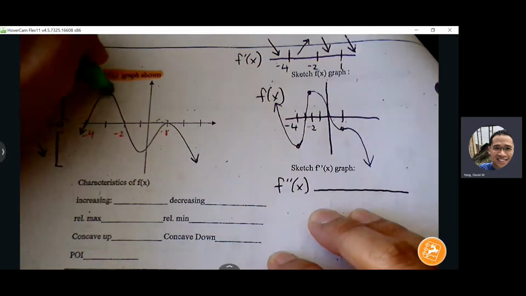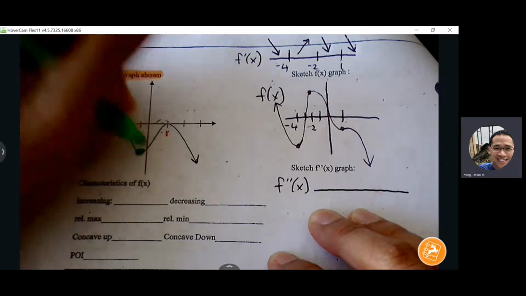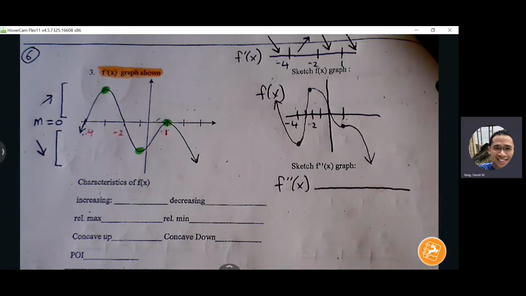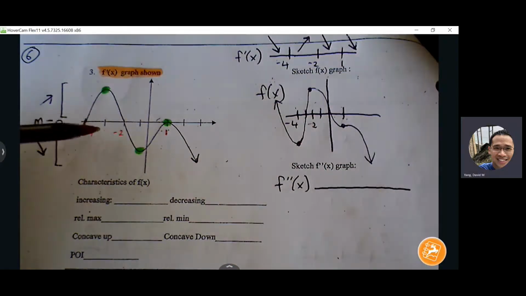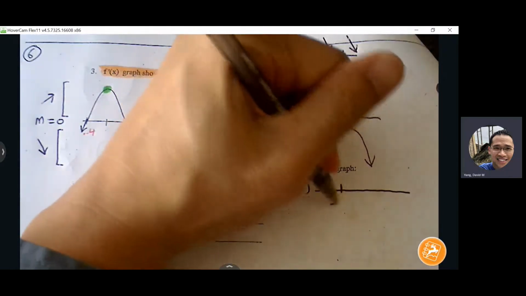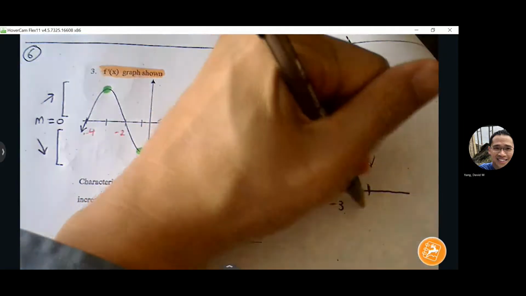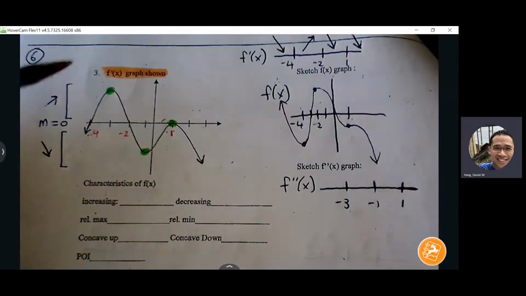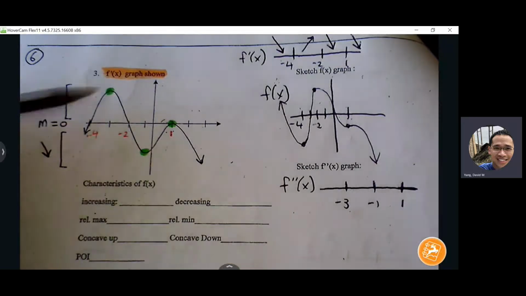So I'm going to highlight them. Peaks and valleys are going to be the points of inflection of the original graph. So where are those x values? -3, -1, and 1.